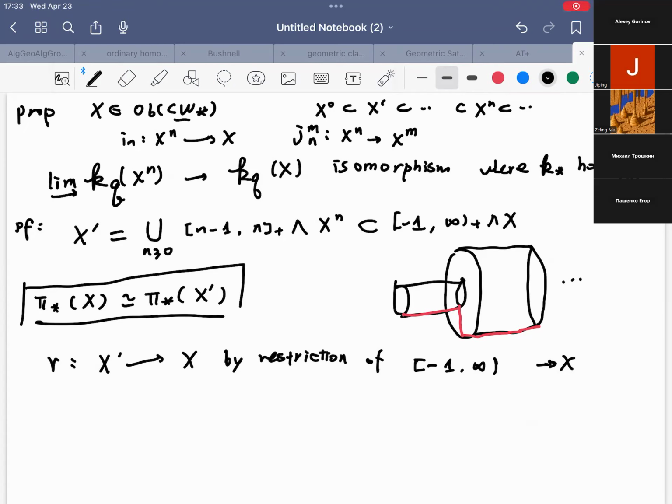Because the smash product is like you take a product and you quotient by something. So here I write the product.